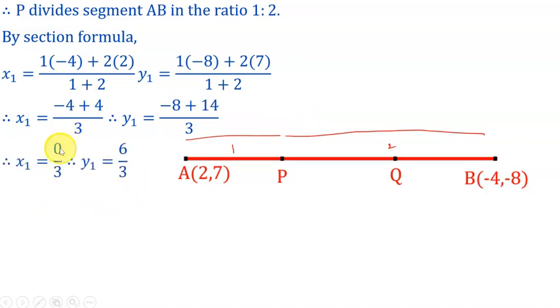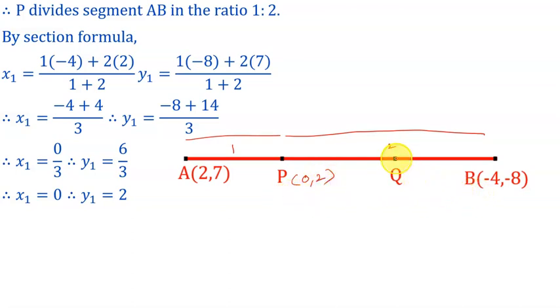Therefore, x is equal to -4 plus 4 is 0, 0 upon 3. y1 is 6 upon 3. Now, finally, 0 upon any number is 0. Therefore, x1 is 0 and y1 is 2. Therefore, the coordinates of the point P are (0, 2). आता coordinates of the point P आपल्याला इथे जर मिळाले, then we will find out the coordinates of the point Q by using the midpoint formula.